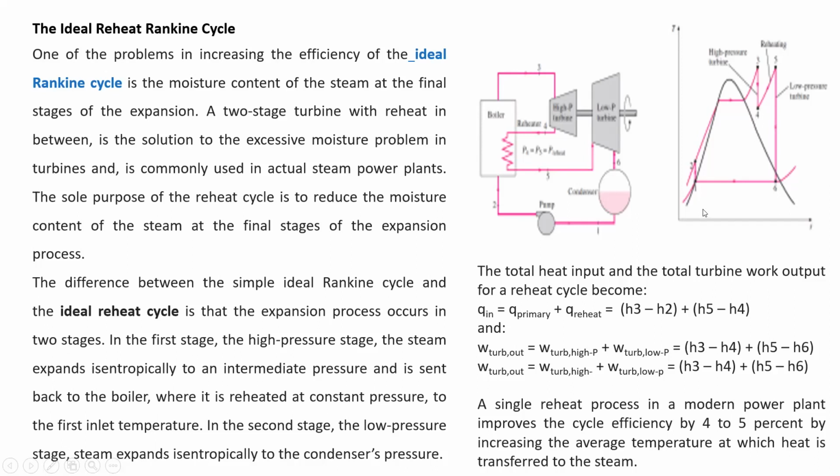That much heat is supplied to the steam. Then the turbine work output is equal to the work of the high pressure turbine plus the work of the intermediate or low pressure turbine. Therefore, in terms of enthalpies, it will be H3 minus H4 plus H5 minus H6.